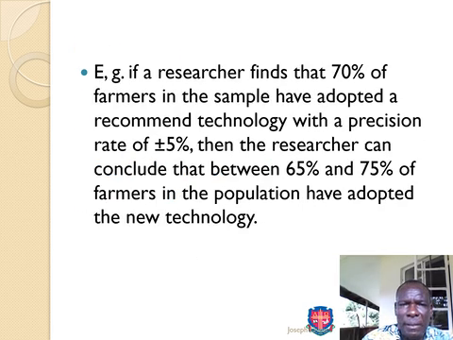For example, if a researcher finds that 70% of the farmers in the sample have adopted a recommended technology with a precision rate of plus or minus 5%, then the researcher can conclude that between 65% and 75% of the farmers in the population have adopted the new technology.